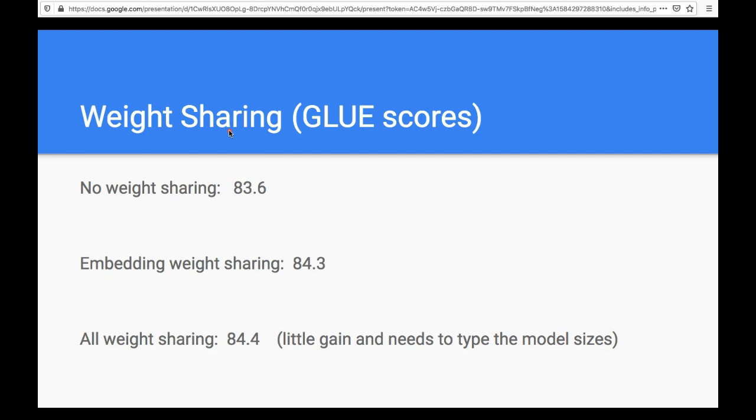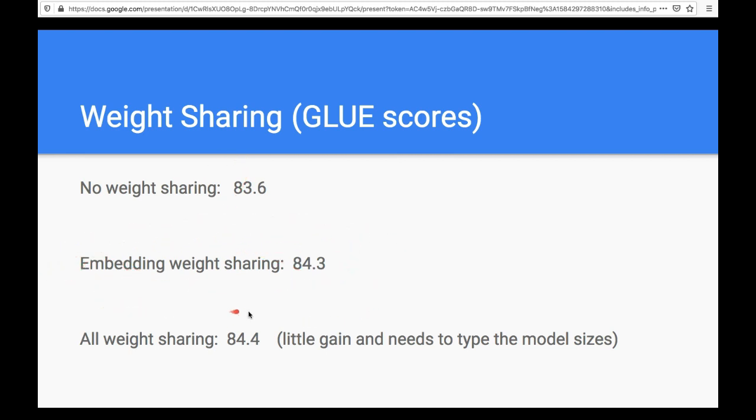And they also did an experiment to verify this. If you don't share any weights, your performance on GLUE, which is a natural language understanding dataset that consists of a lot of different tasks, and the score is the higher the better. So they ran the experiment on that. If you don't share any weights, your score is not as good as if you share the embedding.